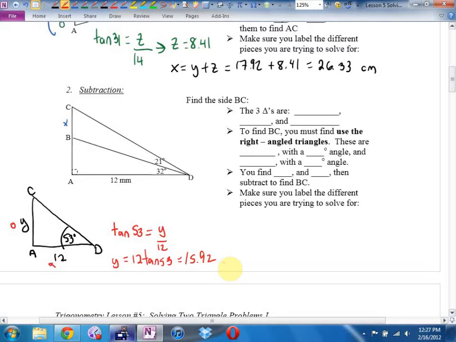Again, I think my diagram is garbage because this is 12 long, and it looks way shorter than 12 to me, but we got 15.92. You know what? Don't worry about my scale.